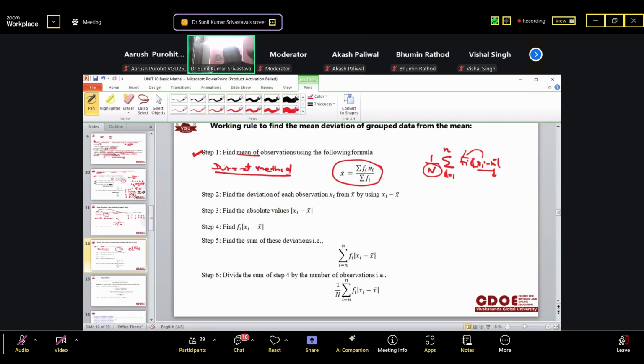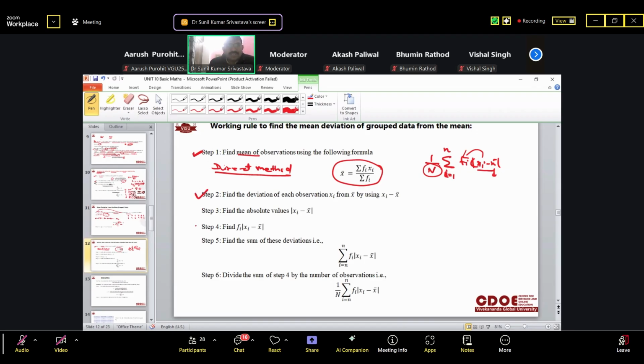But the simple and sweet method is the direct method, which is very easy to use. So I suggest that when finding the mean of the given data, use the direct method to get your answer clearly and without errors.